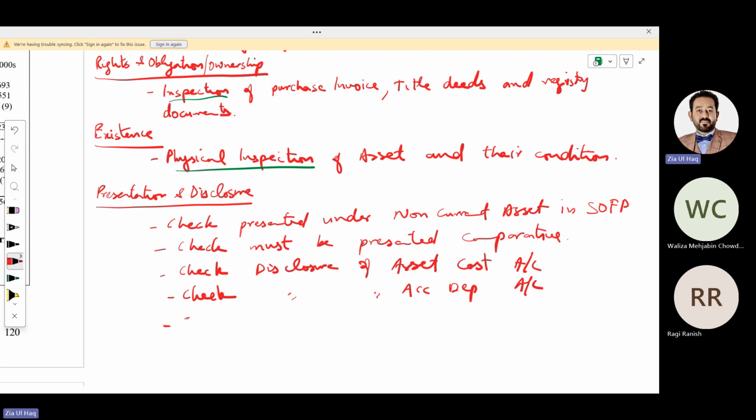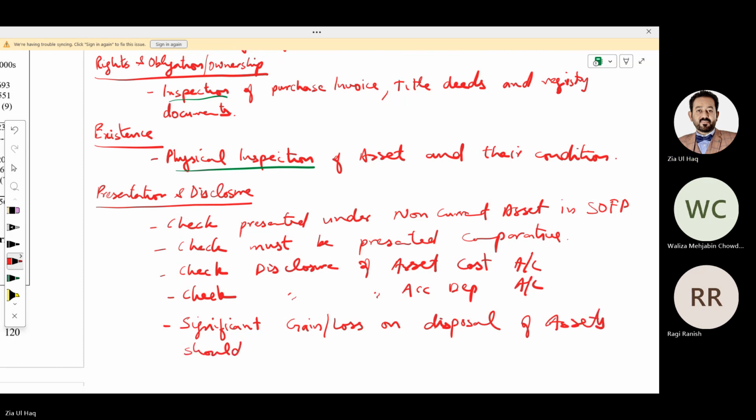So, significant gain or loss on disposal of assets should be disclosed separately in the financial statements.